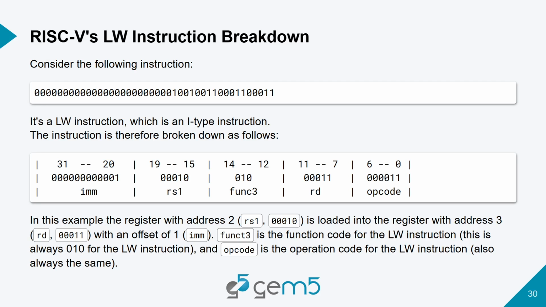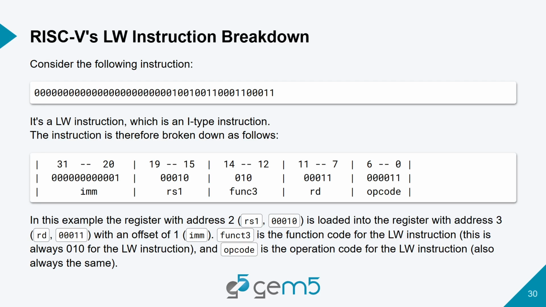So consider the following. Considering our processor core receives this, we parse it down into these five chunks here: the immediate, the source register, func3, then RD, and then the opcode.